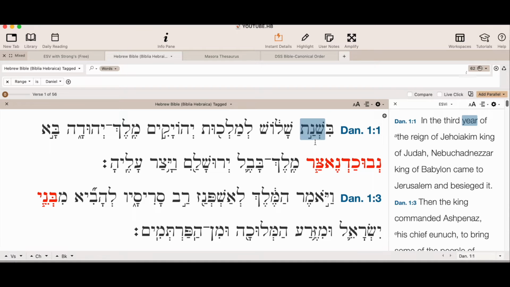And so we get here with this accent pattern, conjunctive, disjunctive, bishnat shalosh, in the year of 3, or we would say in English, in the third year. Okay, so together, the munach and the zakef katan, they form like a literary parenthesis there around that phrase, bishnat shalosh. Okay, so let's see what we have next now.